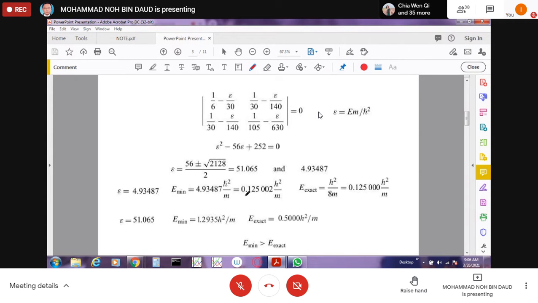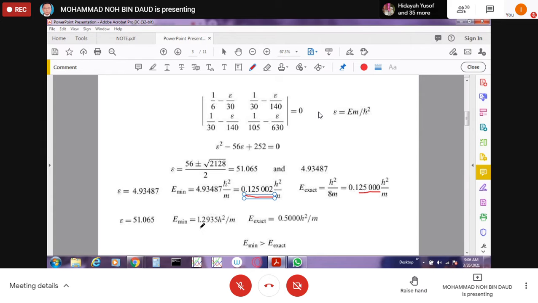This is the approximate value, and this one is the true ground state energy obtained from the exact solutions of the Schrödinger equation for a particle in a one-dimensional box.